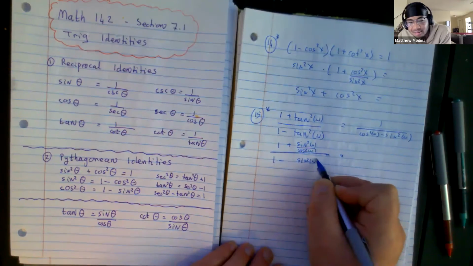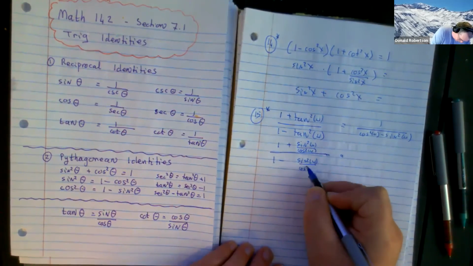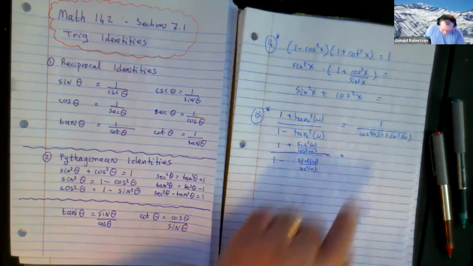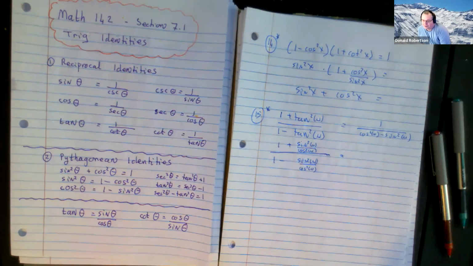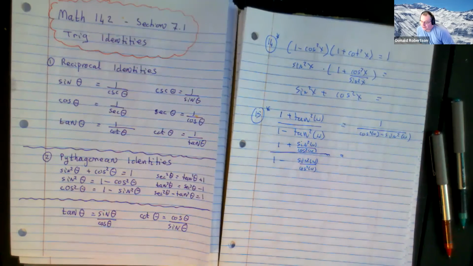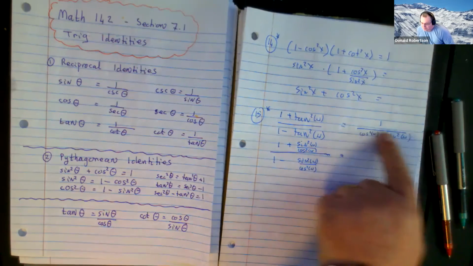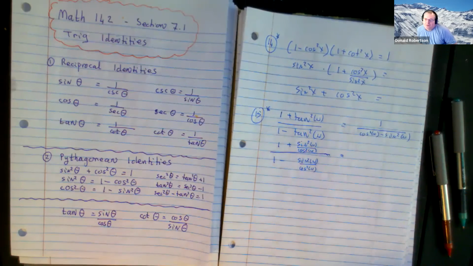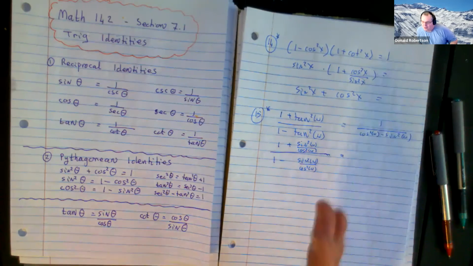Not the route I would choose, except the answer is so ugly, I'm pretty sure that's what is going to happen. Can you imagine if we turned the bottom into secant squared? That's probably not going to play well with this. I'd probably end up with another answer that's really pretty, but it wouldn't be this pretty answer. It'd be some other pretty answer, but not the one I need to get.